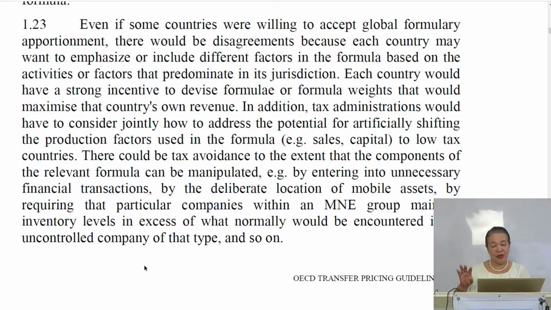So more or less makikita mo na doon yung share talaga ng company based on their functions, based on their assets, based on the risk, no? So nakahimay-himay na yung mga variable or consideration na bago ka mag-compare, no? So mas specific talaga ang arm's length principle.